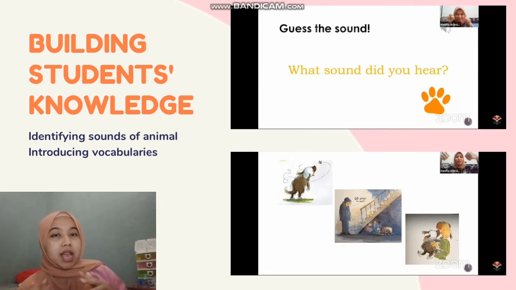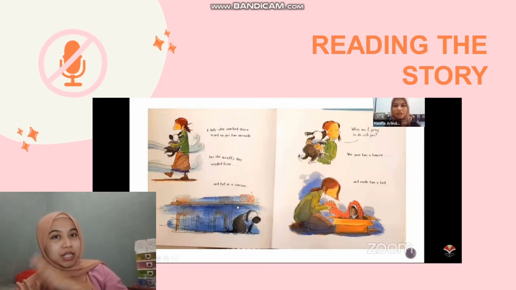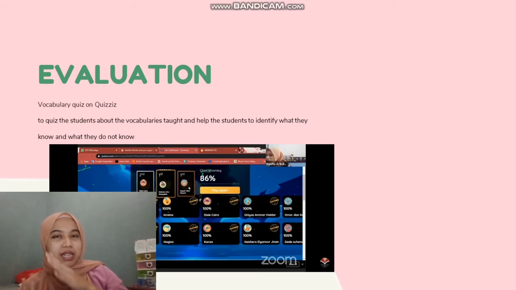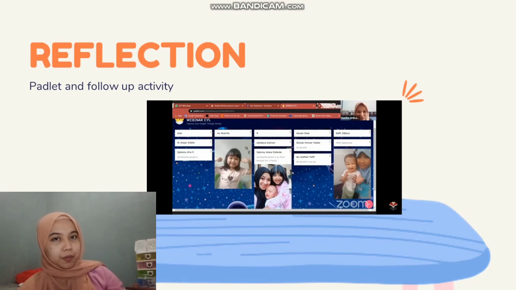And here, the students' learning autonomy is activated because prior experience is an important consideration to be an autonomous learner. Reading the story is the next activity, then reviewing, analyzing, evaluating, and the activity ends with reflection. In this activity, the teacher gives the students a challenge to write pamphlets about their favorite characters in their life.